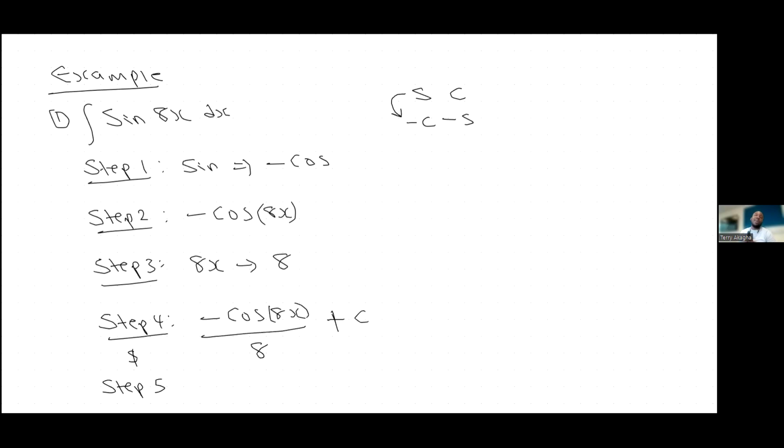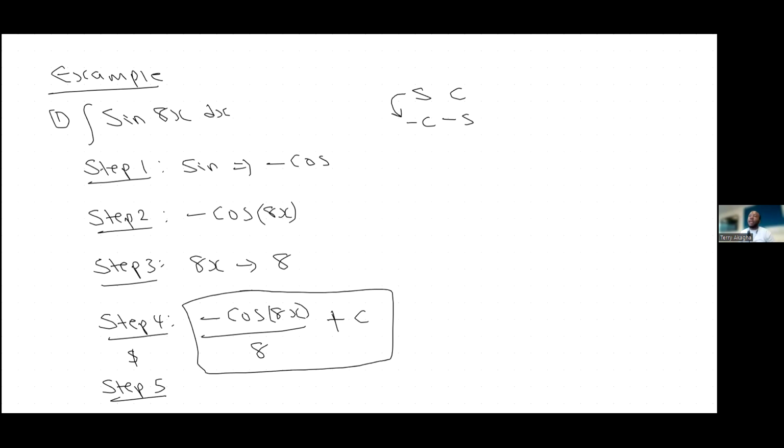When you're really comfortable integrating, you don't need to go through the steps from the beginning. You can just go straight to the answer. But because I'm teaching a larger audience, I just want to show you my thinking pattern and what I'm doing in my mind so that you can follow the steps as well. So the answer when you integrate that should be minus cos 8x divided by 8 plus c.